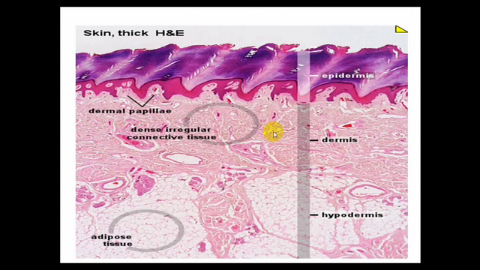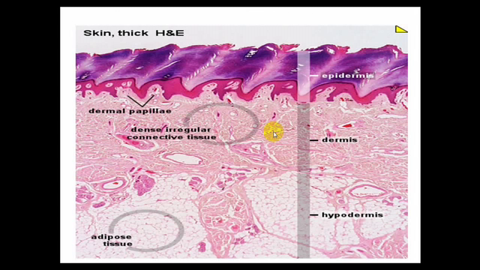It also contains fibroblasts, macrophages, plasma cells, and mast cells. It also possesses many capillary loops which extend to the epidermis-dermis interface. These capillaries regulate body temperature and nourish the cells of the avascular epidermis.